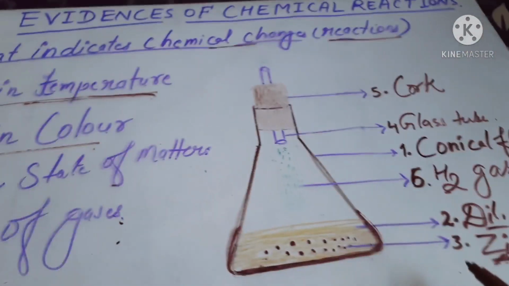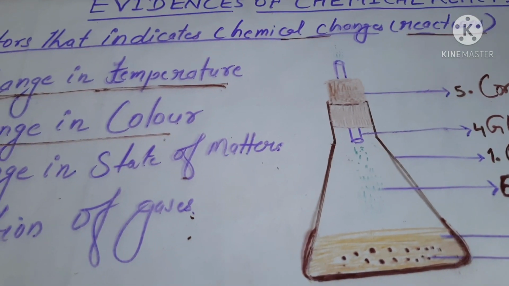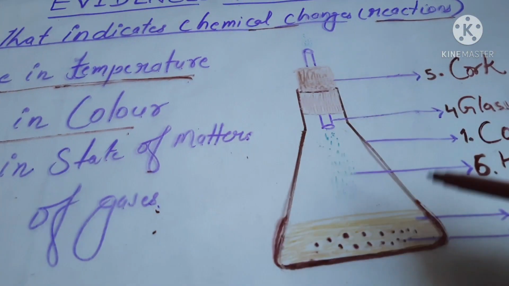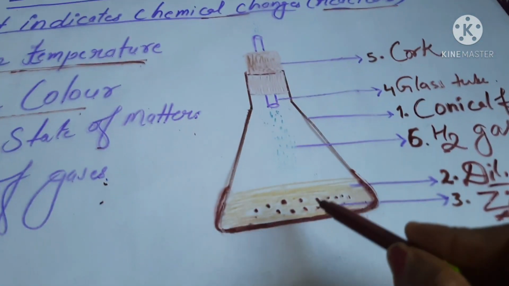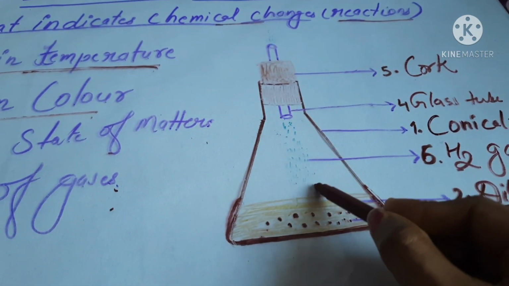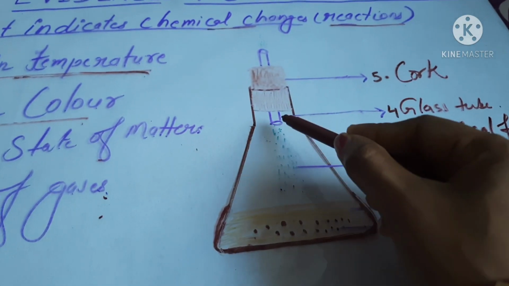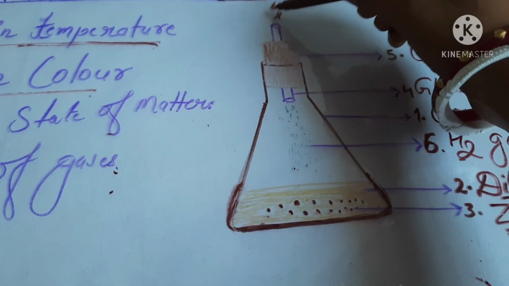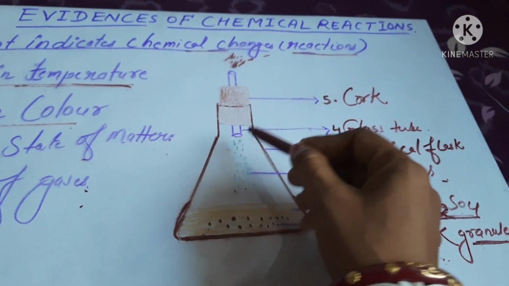Moving on. When we carefully observe this reaction, we see that a smoke-like gas appears, which enters into the glass tube and also exits.